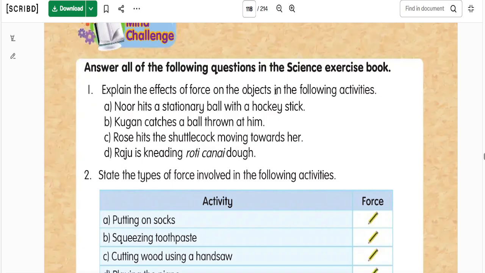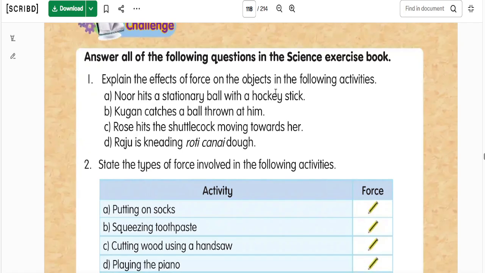For the first, basically applied force can move stationary objects, right? This is the effect of force. In the second, read the second. Kagan catches a ball thrown at him.